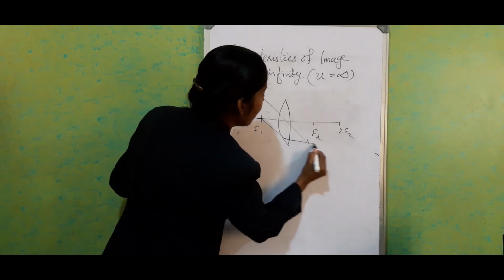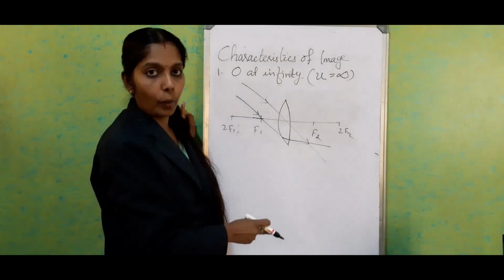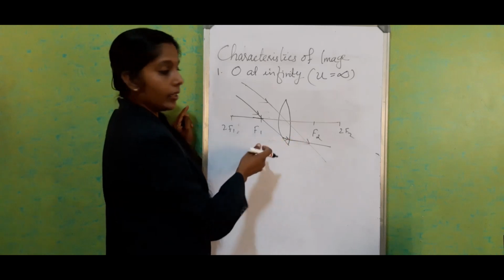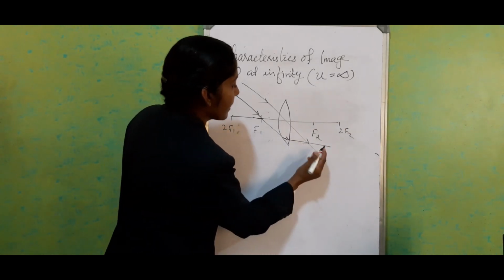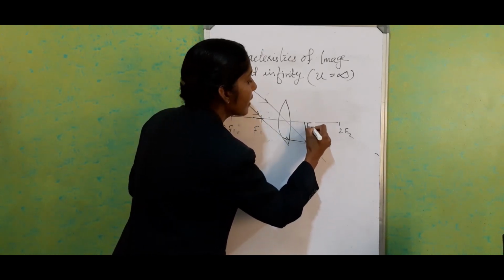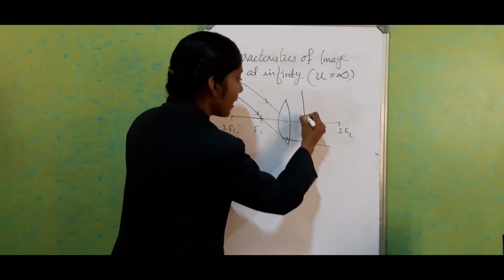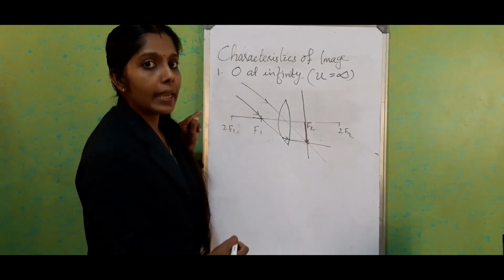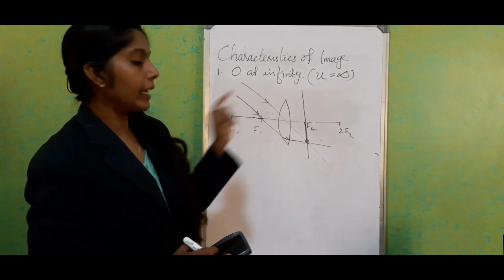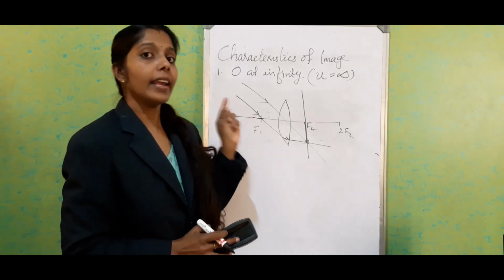After the refraction, the ray through the first focus will be parallel to the principal axis. I am just changing the position. We will get the image on the second focus, in the same plane. The image will be like this. That's our first condition: object is at infinity, we get the image at focus, small in size, real, inverted.